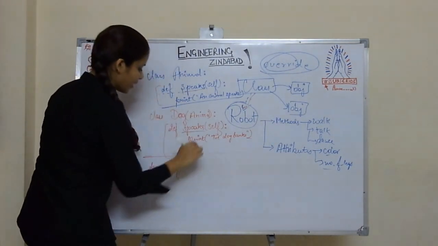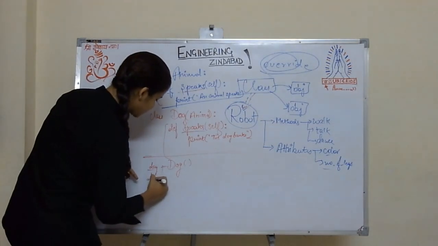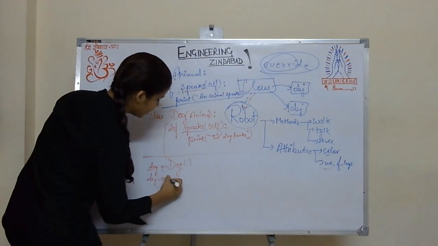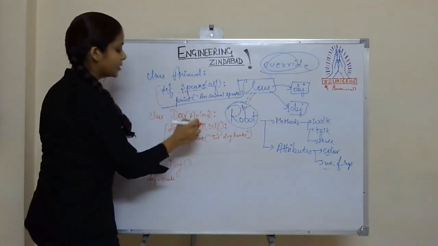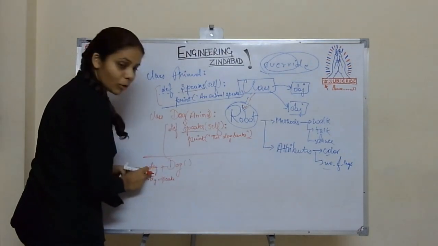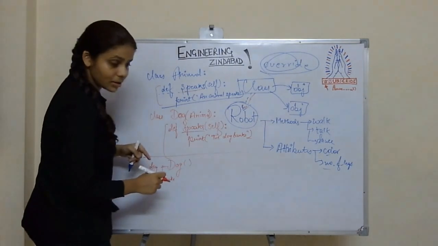Then when we call d.speak, since the method is overridden by this child class whose object is getting created, now the object of the child class has been created, right?